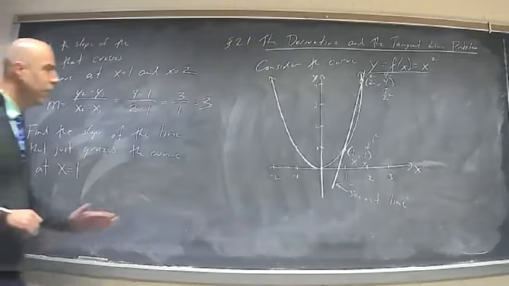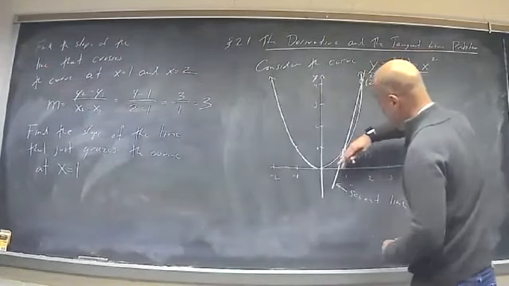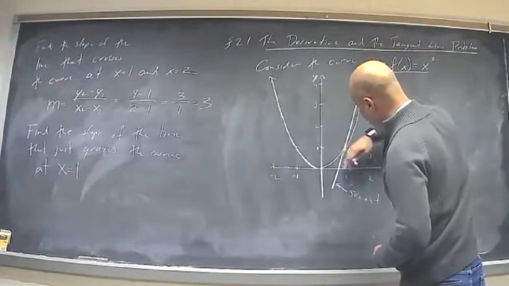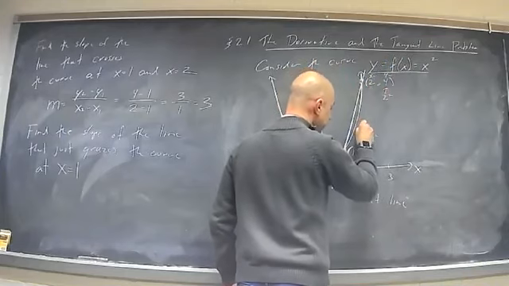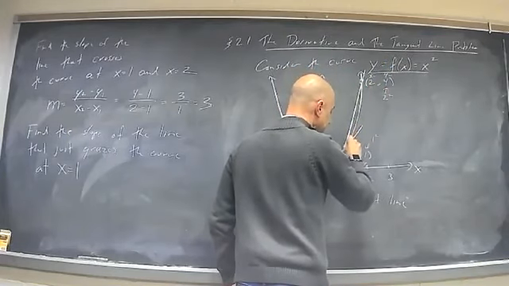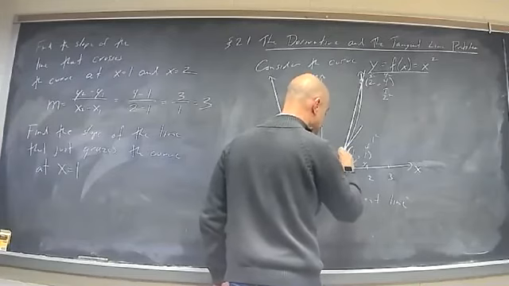So the line, which if I could put a ruler up against the curve, just grazes the curve at x equals 1. Let me try to draw that. So that line there, the one that just grazes the curve at x equals 1.